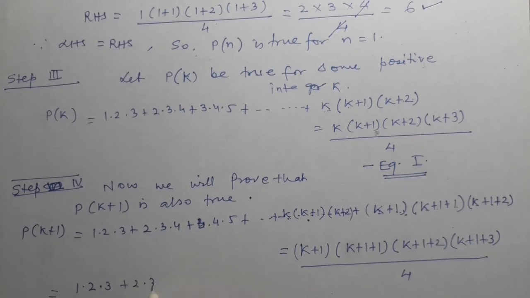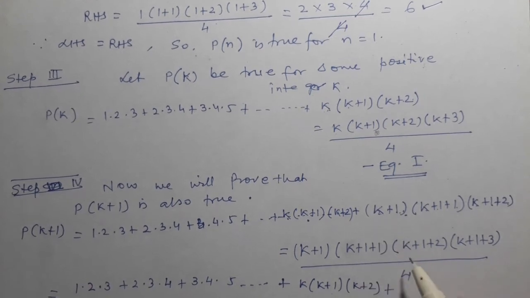3 plus 2.3.4 plus 3.4.5, and this will be plus k plus 1, k plus 2, and this will be k plus 1, this will be k plus 2, and this will be k plus 3, which will be equal to k plus 1 into k plus 2, k plus 3 into k plus 4 by 4.